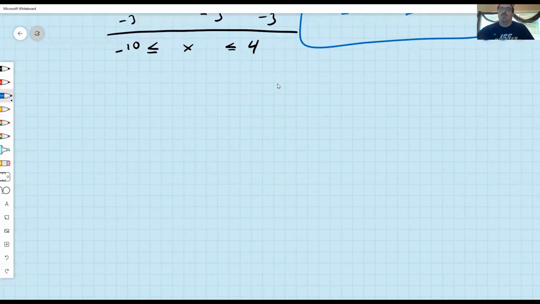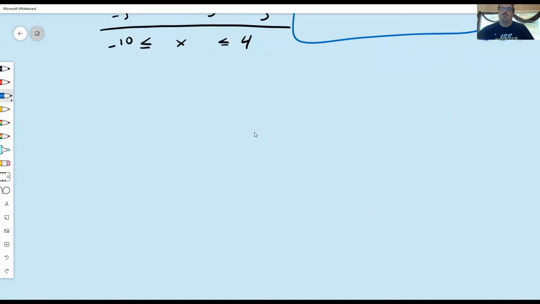Let's talk about a quick couple of special cases. What would happen if this absolute value equals negative?